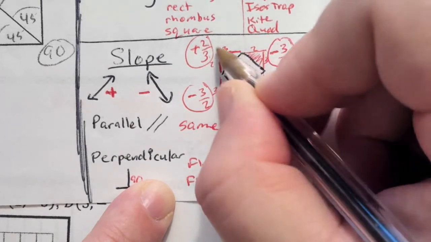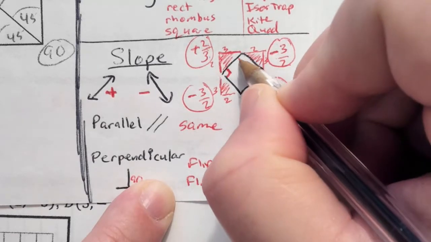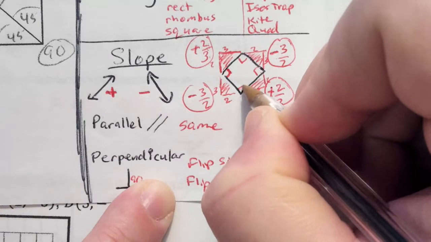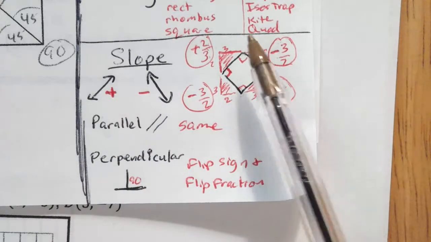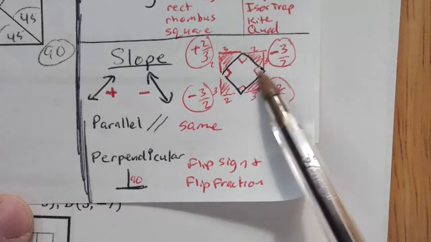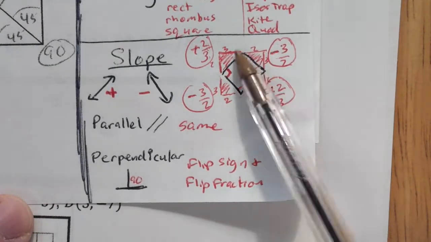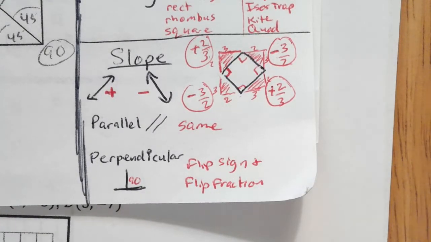Same thing on this one. These two, this and this, are perpendicular to each other. Same here, same here. So that would make this, at the very least, a rectangle. But when you do the side lengths, you also find out that they are equal to each other, so it's a square. I was just wanting to give you an example of that.